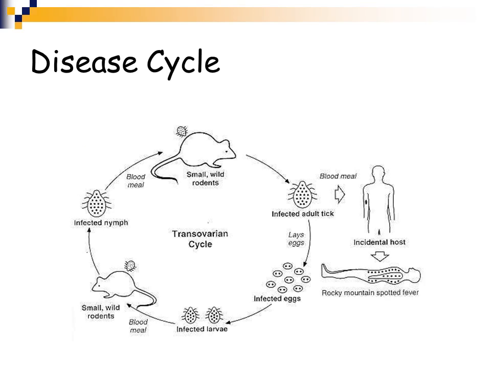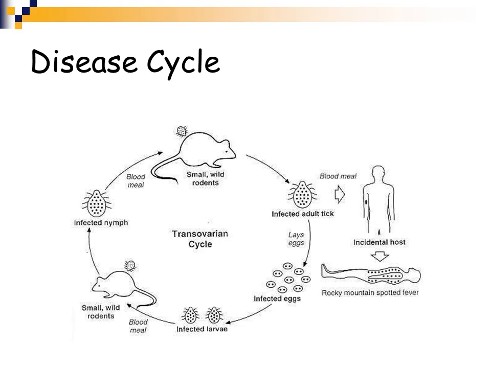Now, the disease cycle: you have an adult tick that's infected. That adult tick will then lay eggs. There's transovarian passage of the rickettsial organism, so the eggs are infected with rickettsia. Those eggs will hatch and generate infected larvae, or immature ticks.